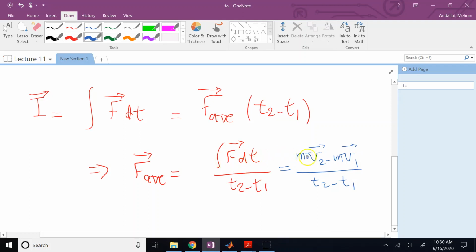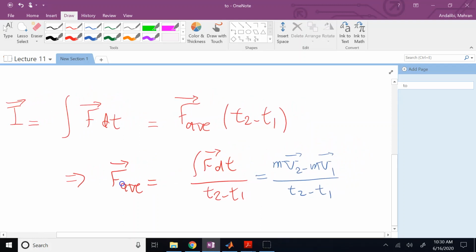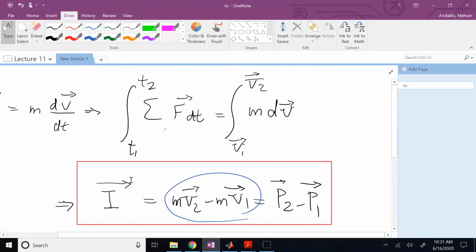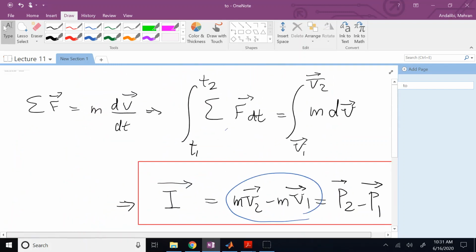By the way, this quantity is actually delta P, right? This is the change in linear momentum, and this quantity is delta T. So delta P over delta T is F average, but dP over dt is what? Look here, if I take m inside, this is dP over dt.